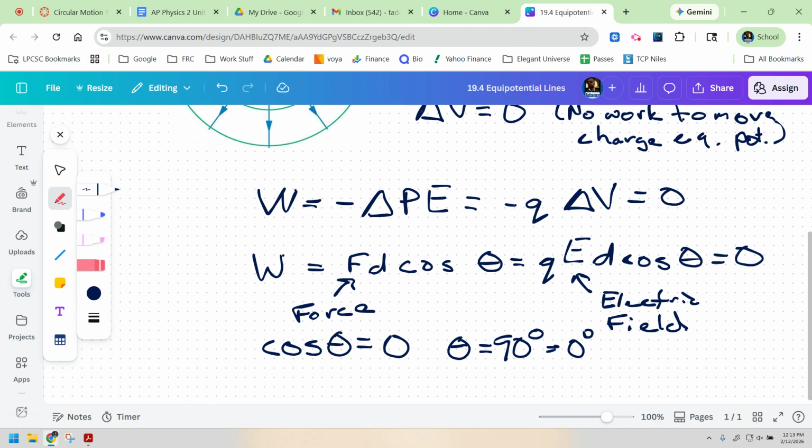So one of the rules for static electric fields and conductors is that the electric field must be perpendicular to the surface of the conductor. This implies that a conductor is an equipotential surface in static situations. There can be no voltage difference across the surface of the conductor, or charges will flow.